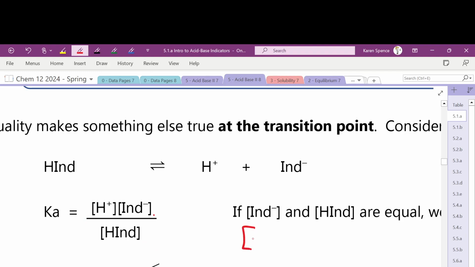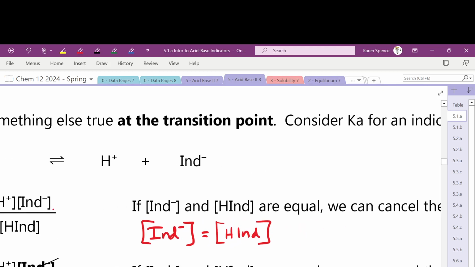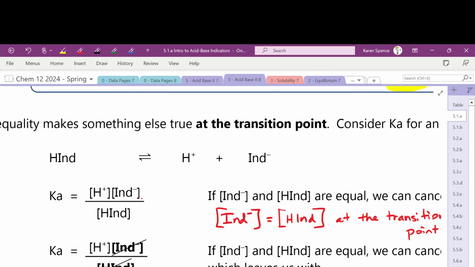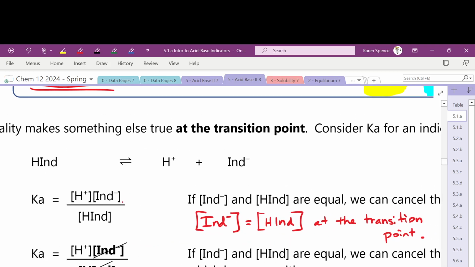Now, we know that at the transition point, Ind minus is equal to HInd. And if those two concentrations are equal, what can we do with them?